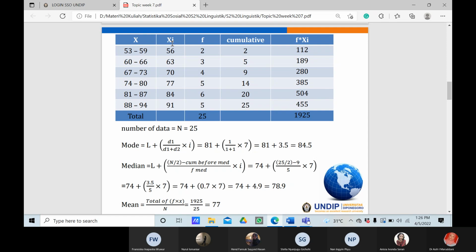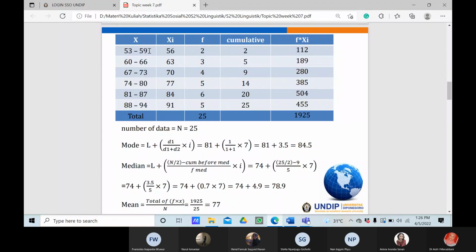Yeah, the second column is the midpoint of the interval, and then you have to find the midpoint between 53 until 59. Yeah, you can find it like you find the median of the interval.